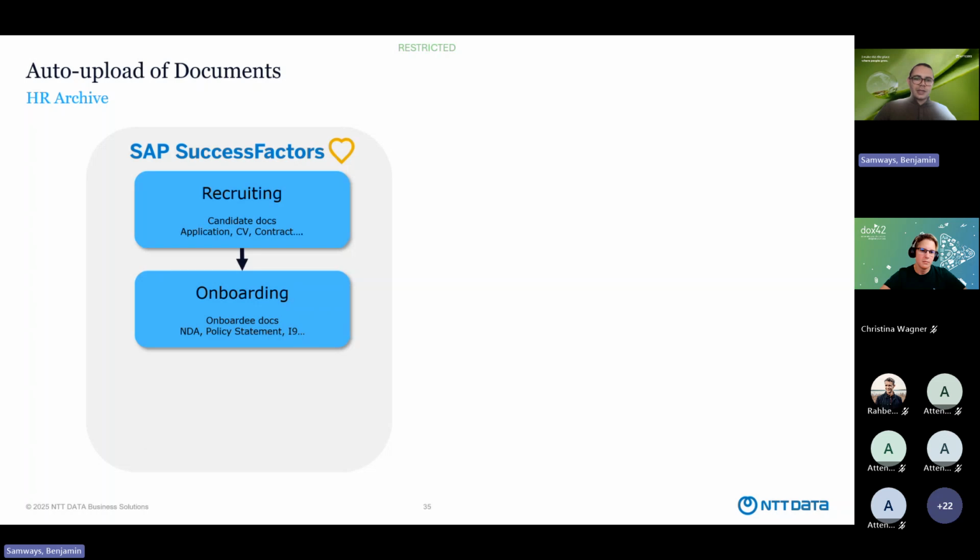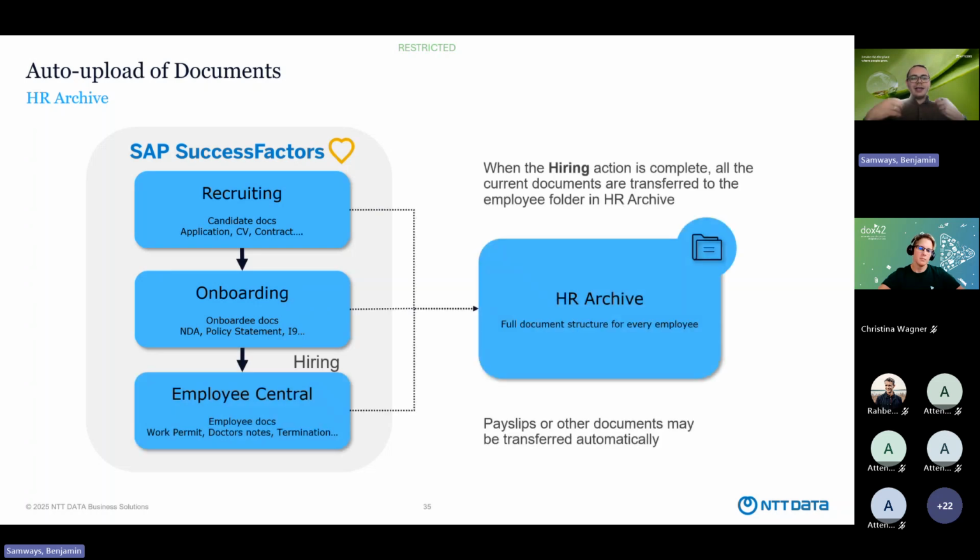What we do as part of the implementation is we set up these auto uploads, which is what we call it, when we move documents from SuccessFactors to the archive, so that if you have a segment or a portlet on your employee profiles where you upload certificates, for example, then whenever a certificate is uploaded to an employee profile in SuccessFactors, it's automatically transferred also to the archive to make sure that any document you have for an employee is stored in the archive as well.